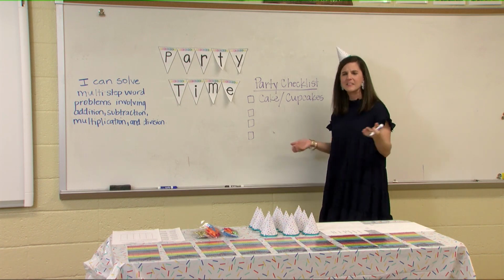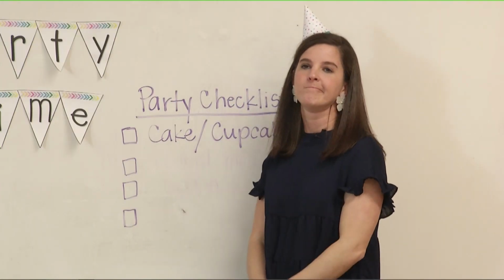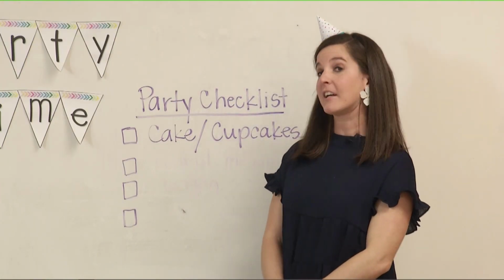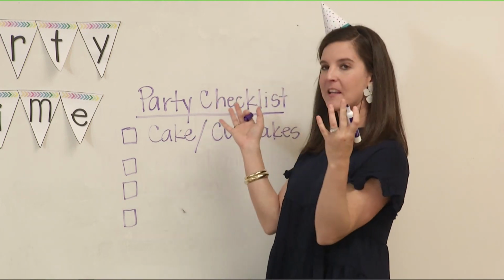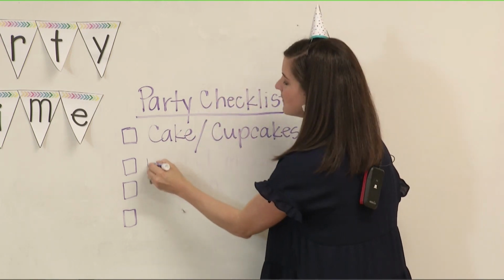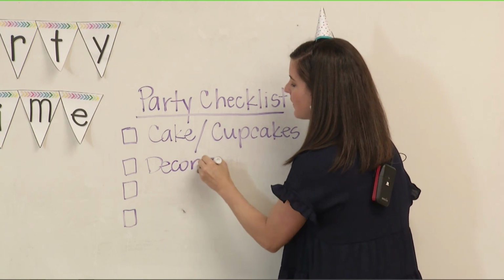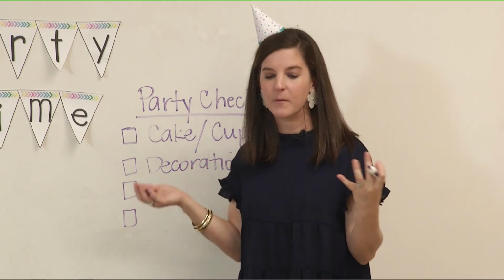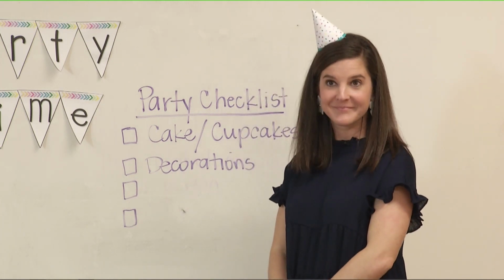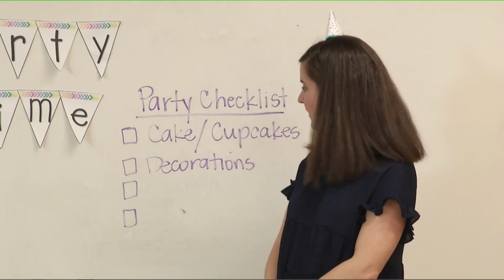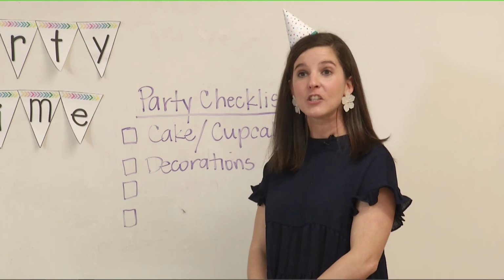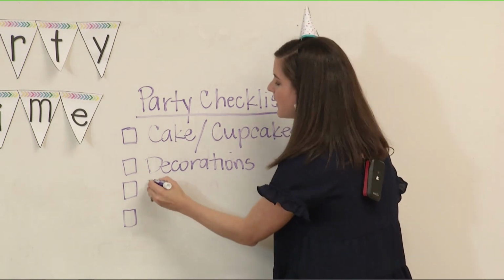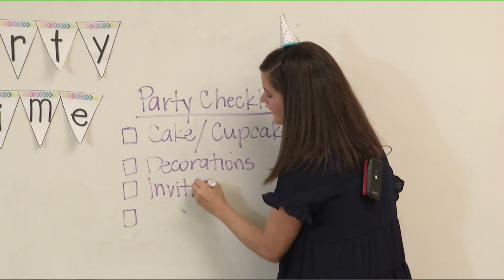Okay? What's something else that we might need at a party? Maybe some decorations. Decorations can make the party fun. Okay, so decorations, maybe something that we want. All right, what's something else that we might want for our party? Can you think of something else? We need invitations, right? We have to invite everybody to the party. So invitations.